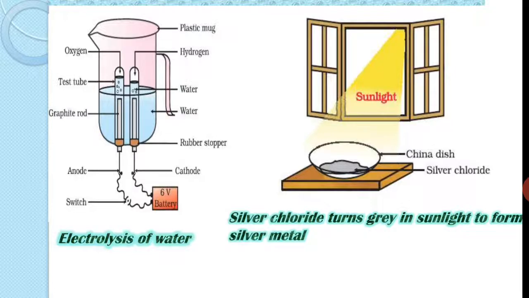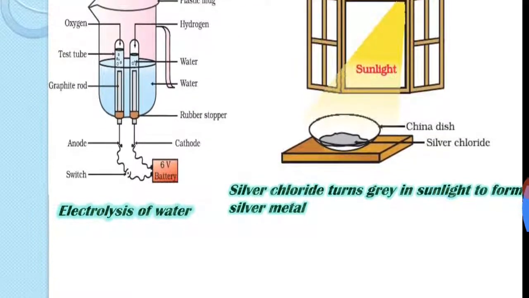In the first diagram, you see the electrolysis of water. The schematic shows the experiment. In the second diagram, we see a china dish containing silver chloride, that is AgCl. In the presence of sunlight, it decomposes into silver atoms and chlorine atoms.